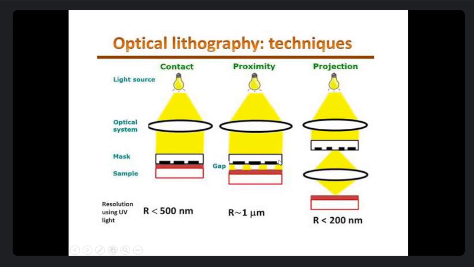Now here lies another possibility, or a means to solve this overall issue. That is why people invented another technique for optical lithography or photolithography. That is called the third one, the projection printing technique, or projection printer.